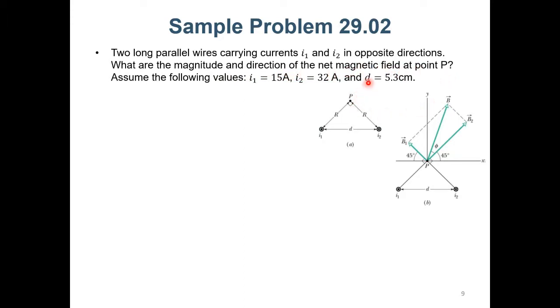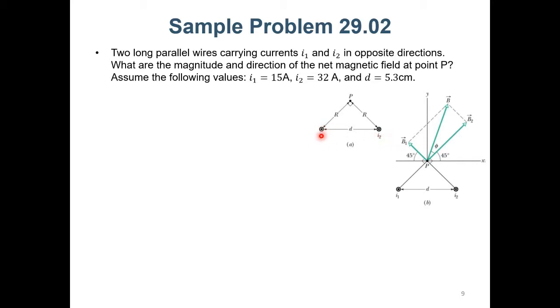Point P is something like here. Assuming the following values: I1 equals 15 A, I2 equals 32 A, and D equals 5.3 cm, and this is a right angle triangle.